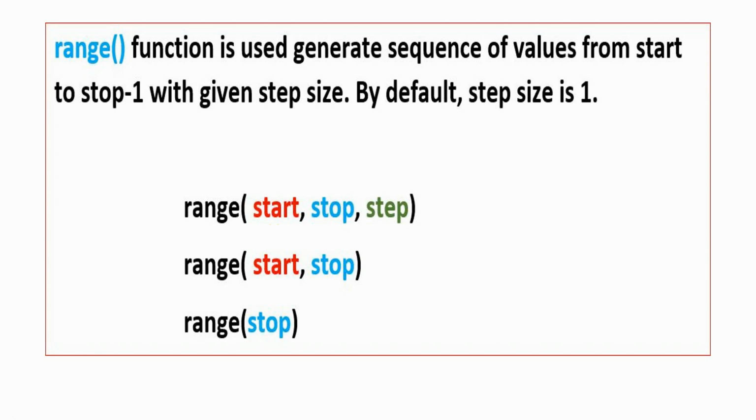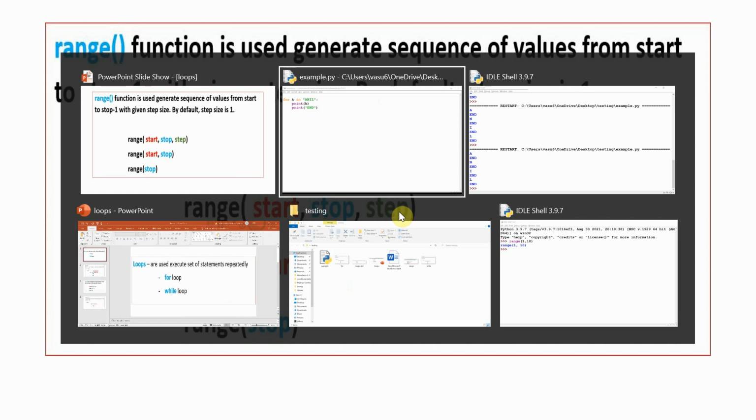Assume you have given 10, it will stop at stop minus 1. For suppose I have written start equal to 1, stop equal to 10, then it will take the numbers from 1 to 9. And step, in that sequence what is the difference between any two values? If you write an example then you will understand.